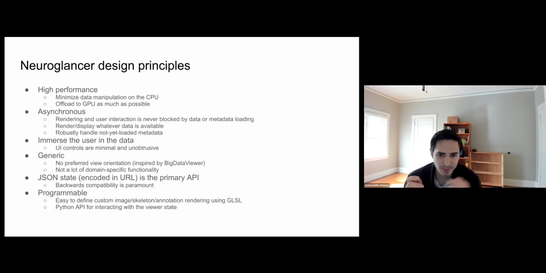And then there's also been a Python API which allows users to interact directly with the viewer state, and likewise allows users to program their own custom annotation or proofreading tools while keeping all of that complexity out of the core of Neuroglancer itself.